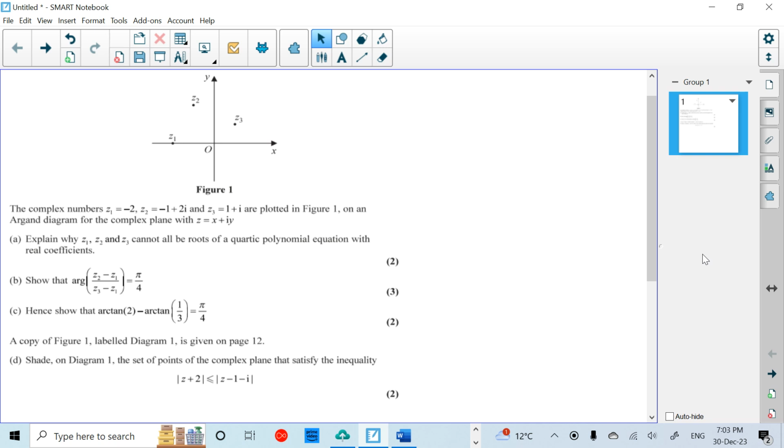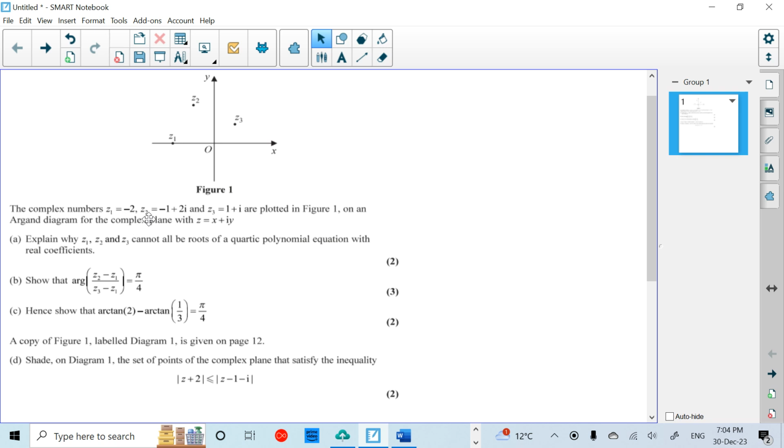Okay, the complex numbers are shown on an Argand diagram for the complex plane, with z equal to x plus iy. Find why z1, z2 and z3 cannot all be roots of a quartic polynomial equation with real coefficients. Well, a quartic polynomial will have degree 4. Now, we have z1 equal to minus 2.